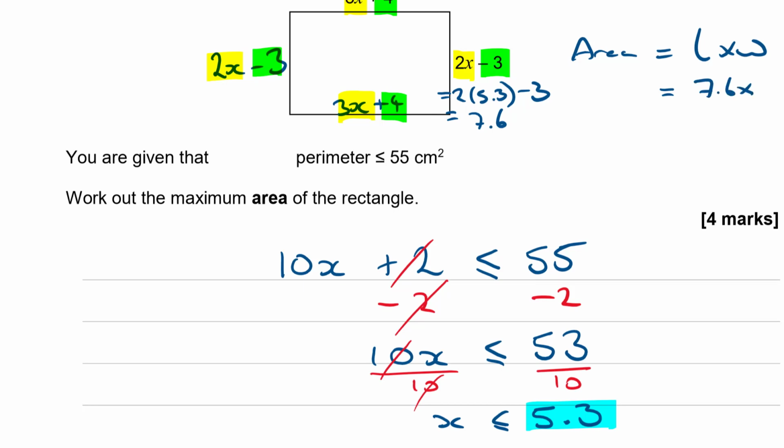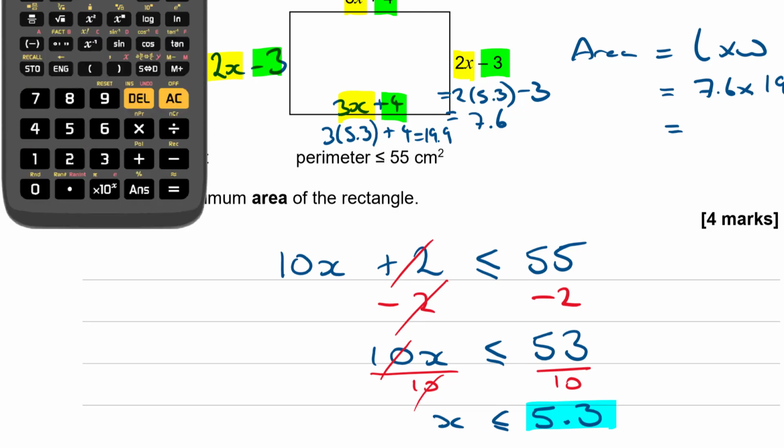And the other one, what's the other one then? So let's sub in 5.3 into here. 3 lots of 5.3 plus 4. So 3 5.3s is 15.9, plus 4 is 19.9, isn't it? Okay, 19.9. So my area, the maximum possible area it can be, is 7.6 times 19.9.